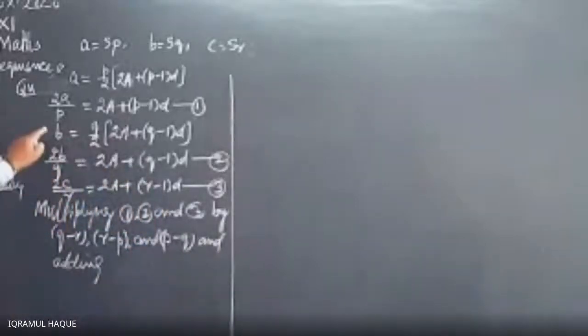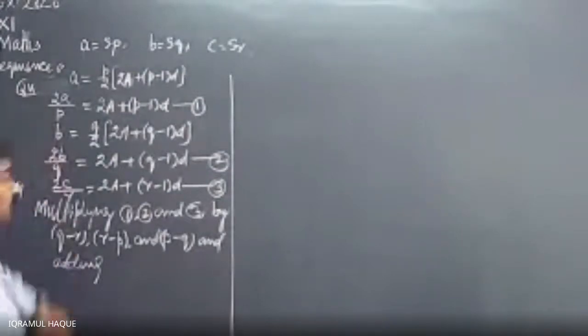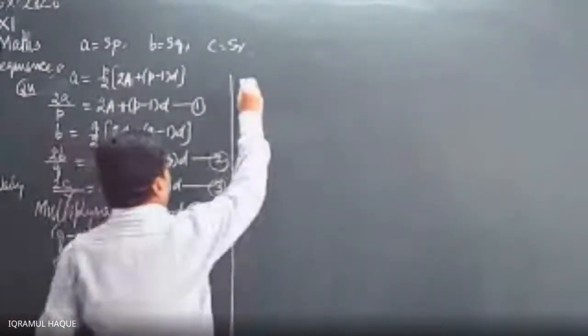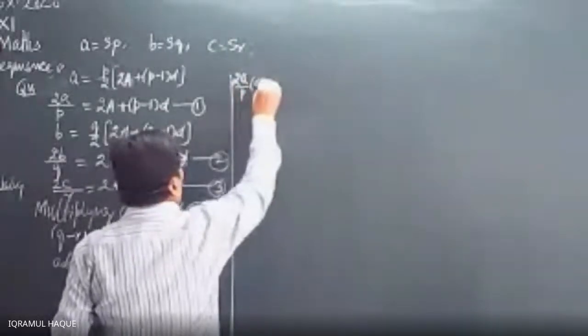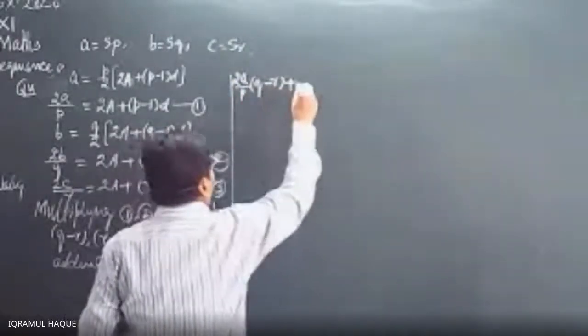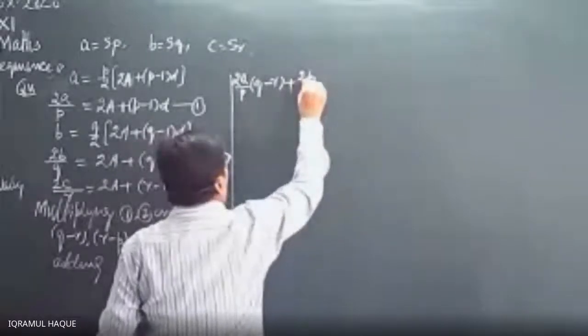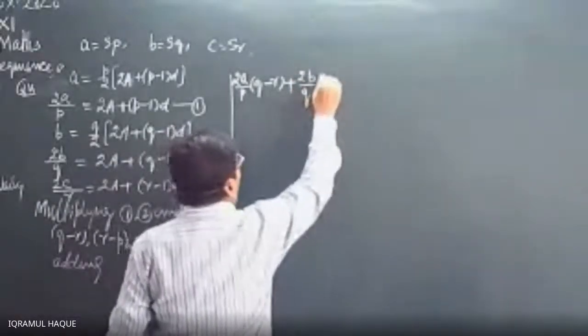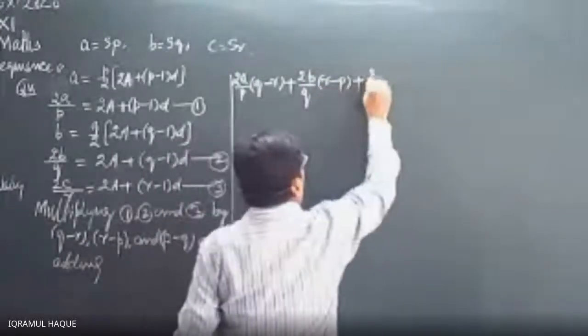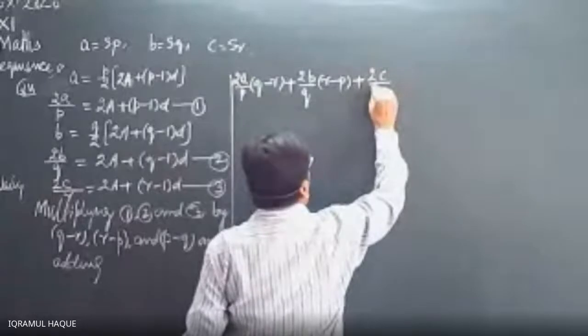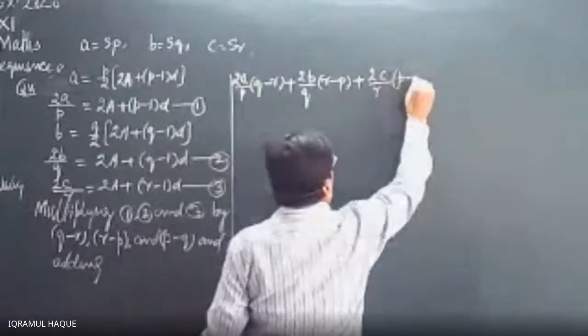See, equation number 1, we have to multiply this by q minus r. In equation number 2, we have to multiply this by r minus p. In equation number 3, we multiply p minus q. So first set the left side. I am writing, see, 2a upon p into q minus r plus 2b upon q into r minus p plus 2c upon r into p minus q.